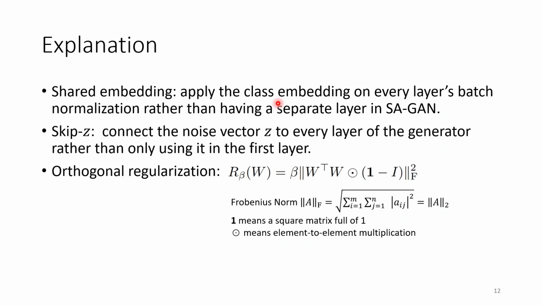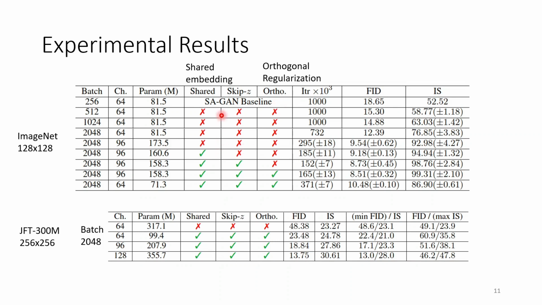So the concepts are similar, but they are used for different input vectors. Applying the shared embedding and skip Z also improves the FID. And finally, they found that if they apply the orthogonal regularization, the FID also improved.